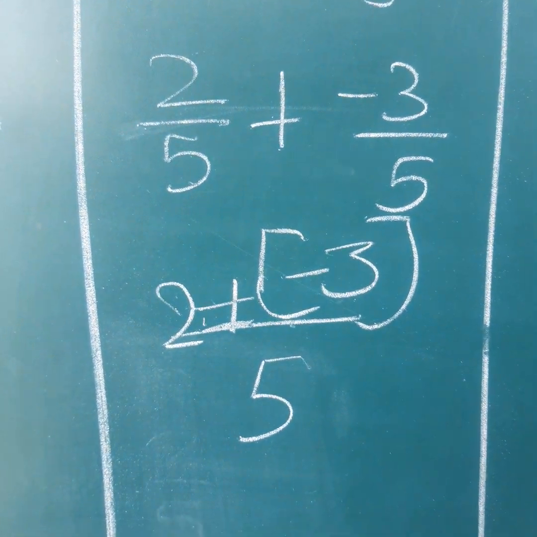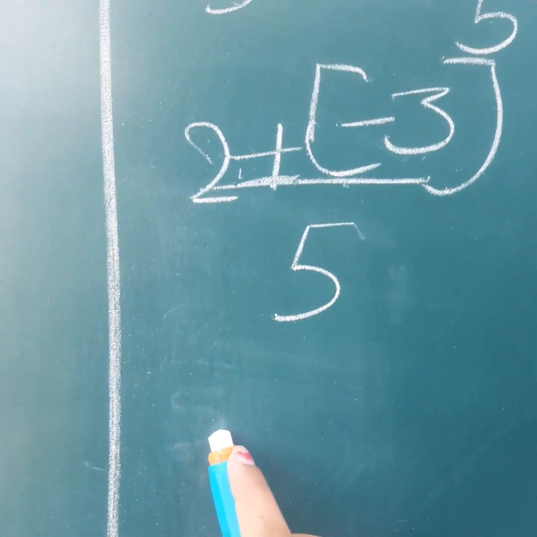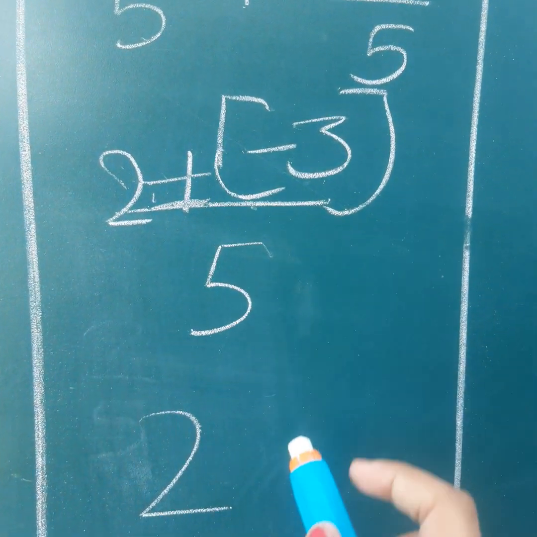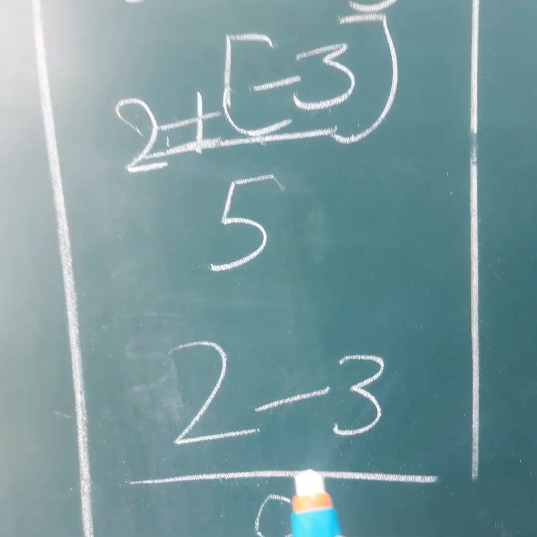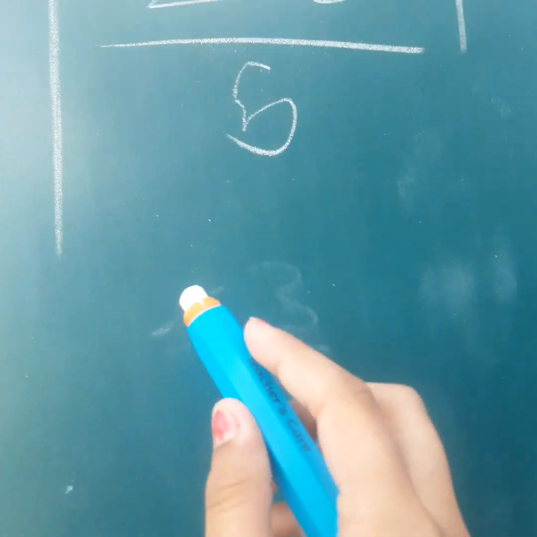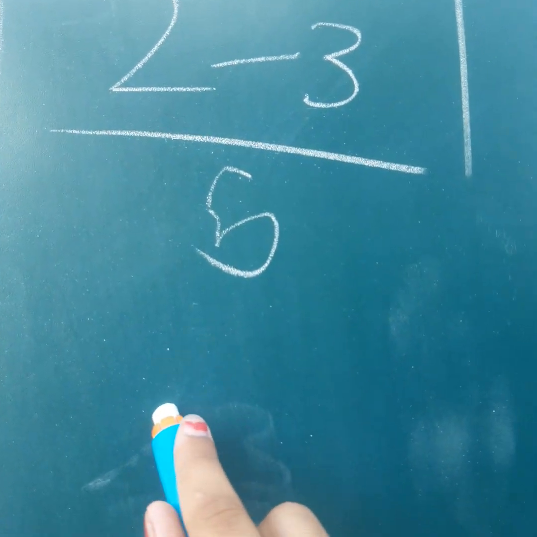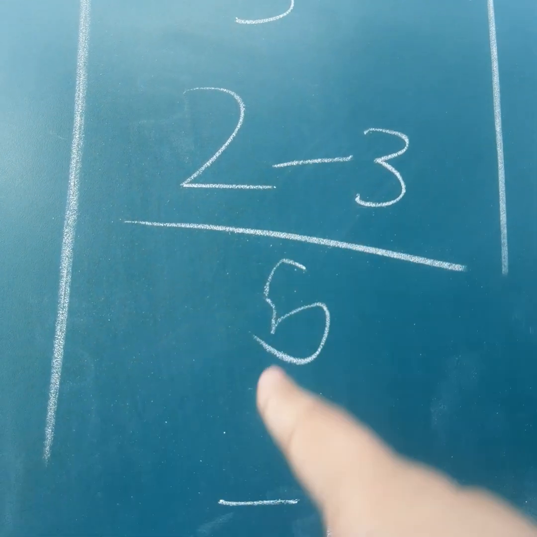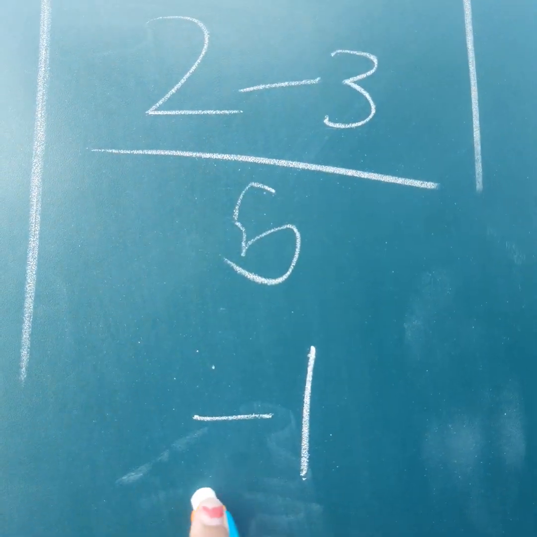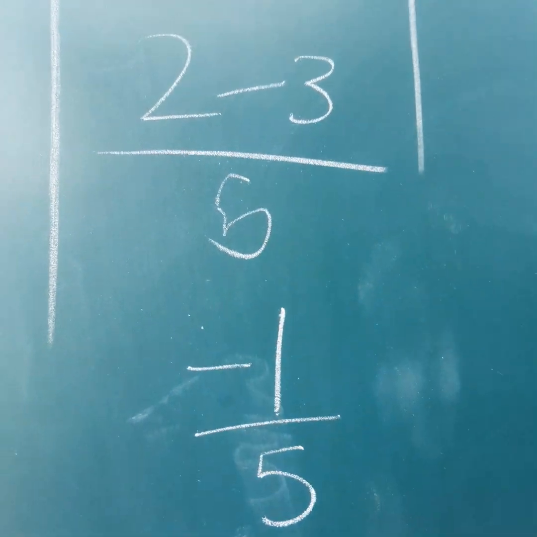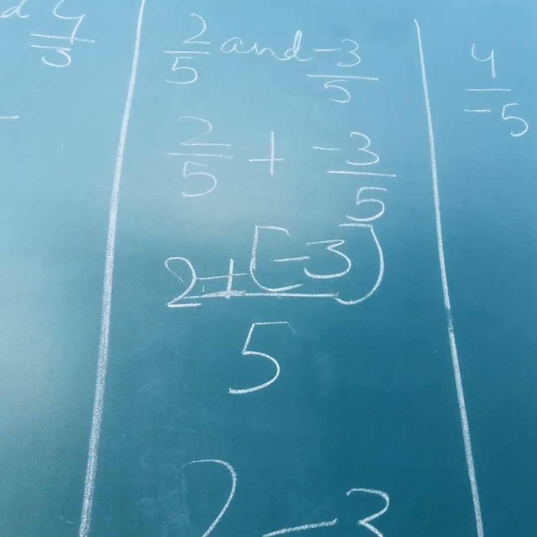After that, the denominator remains same, and 2 minus 3 over 5, the sign is of the biggest term, that is negative, over denominator 5. So it's the answer of this question.